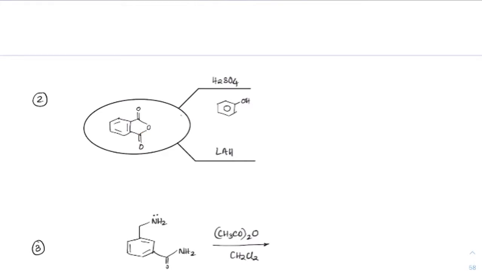Like that, it will happen 2 times, and we'll get phenolphthalein. Just recall what is the structure of phenolphthalein. Double bond O. Like this, it will be with phenyl groups on both sides here, OH and OH. This is phenolphthalein.